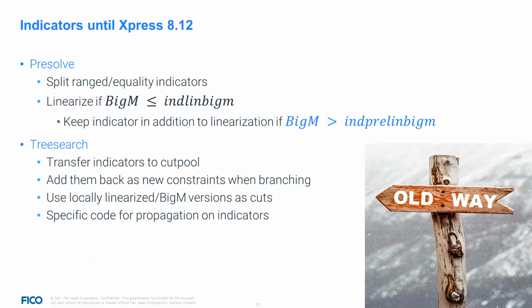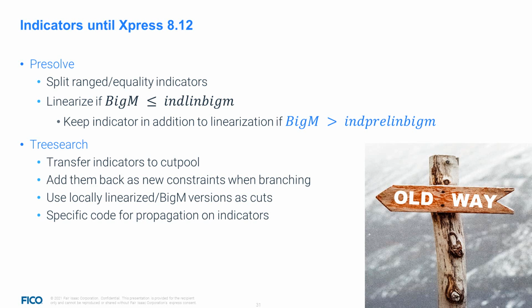But let's now come to how indicators were handled in Xpress so far, and afterwards how they are handled now. In previous releases of the solver, we could only deal with linear indicator inequalities, while equations and range constraints were split. Indicator constraints were linearized during presolve via the big M method that we just saw, at least when the big M was somewhat reasonably small, something like 100,000 or less.